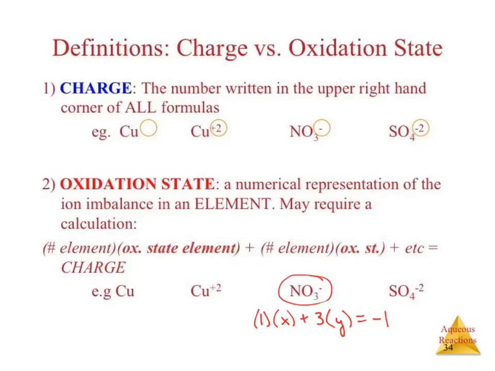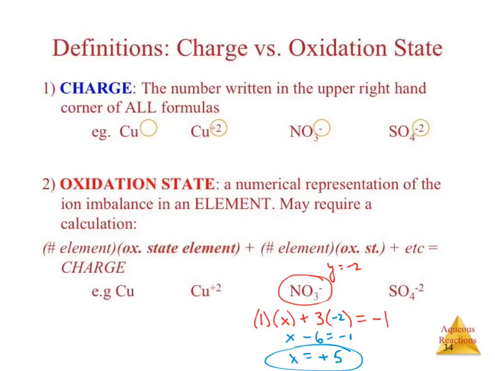Until we remember in the back of our head, there was that really important rule. The oxidation state for oxygen is always -2. We know Y equals -2. Solve for X. X equals +5.